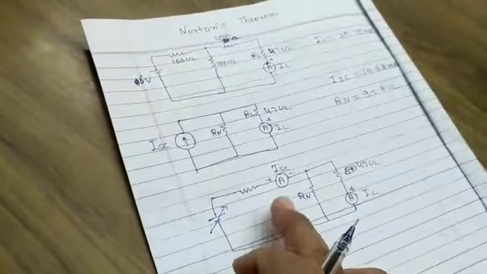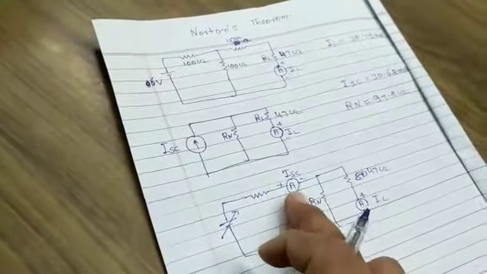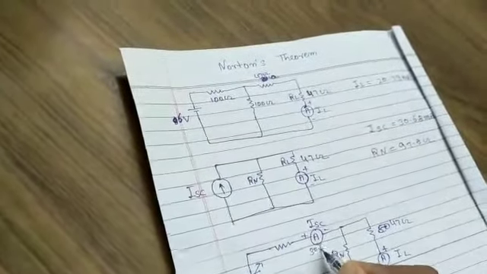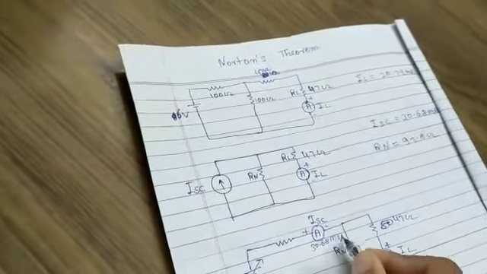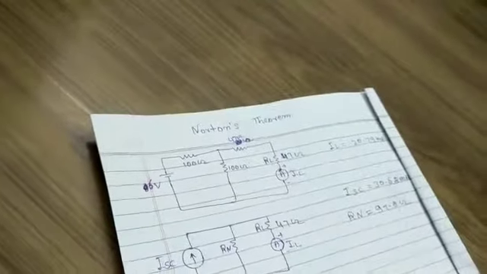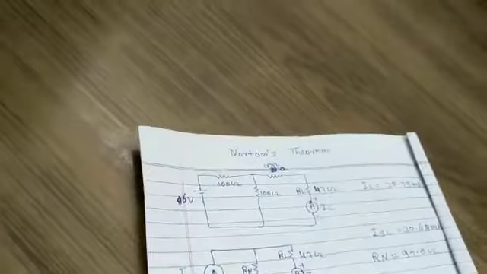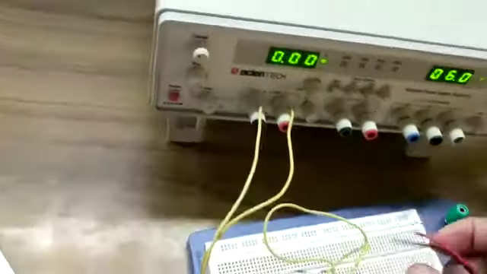Now draw this circuit according to the given values. ISC is 30.68 milliampere and RN is 97.8 ohm. Now redraw the circuit and verify the Norton theorem.